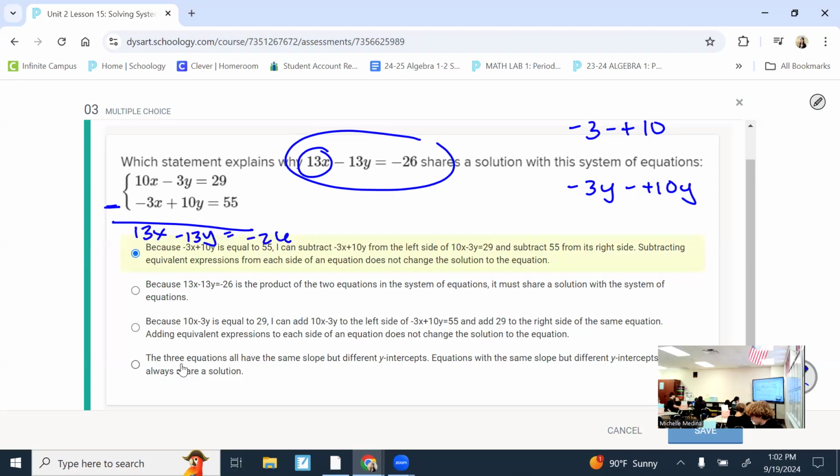That would be like a no solution if they have the same slope, different y-intercepts. So the only one that makes sense is what we actually had to do to create this equivalent equation, which would be subtracting the two equations in our system. Questions on that one? Okay. Questions on others? Yeah.